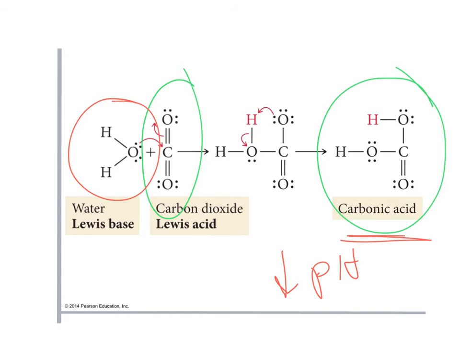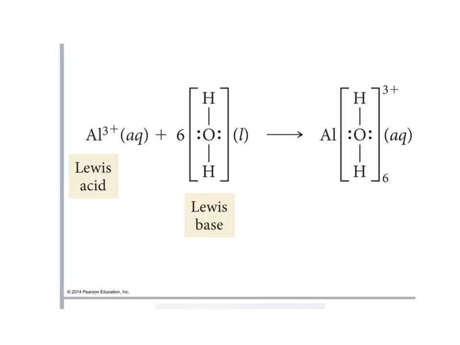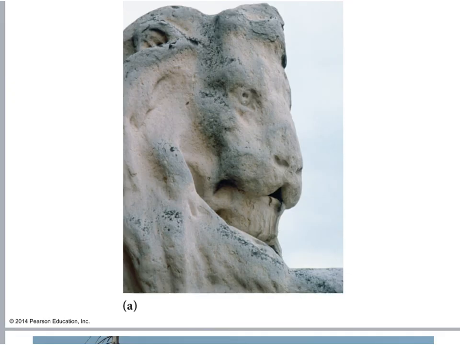It's an exceedingly difficult problem. We need to stop burning fossil fuels. A lot of metals behave like either Lewis acids or Lewis bases, so you'll see that quite a bit. And again, the water acting as a Lewis base in this case. We also have a problem with acid rain.